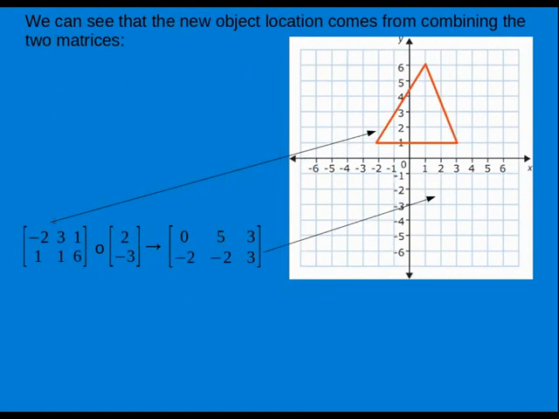The new object comes from combining the matrix of 2 over -3 with the matrix of the coordinates of the triangle, giving us the new triangle with corners at (0, -2), (5, -2), and (3, 3).